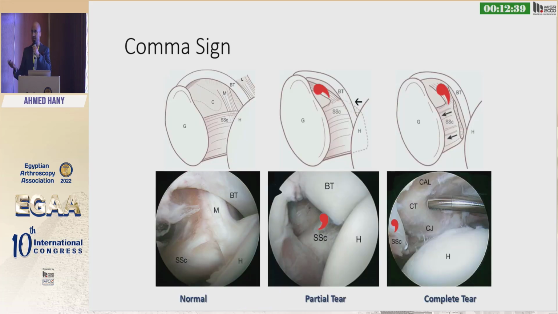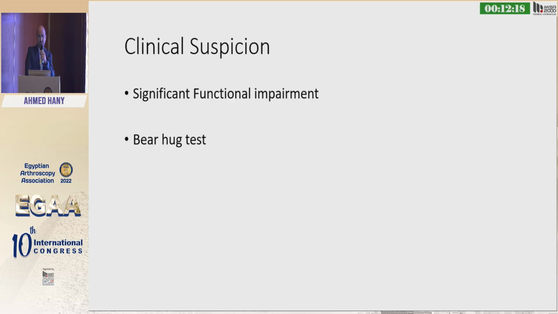The common sign with a retracted tear is that the medial stabilizers of the biceps, the coracohumeral ligament and the superior glenohumeral ligament, are retracted and curl around the retracted subscap, so you should be able to identify them during surgery as well.